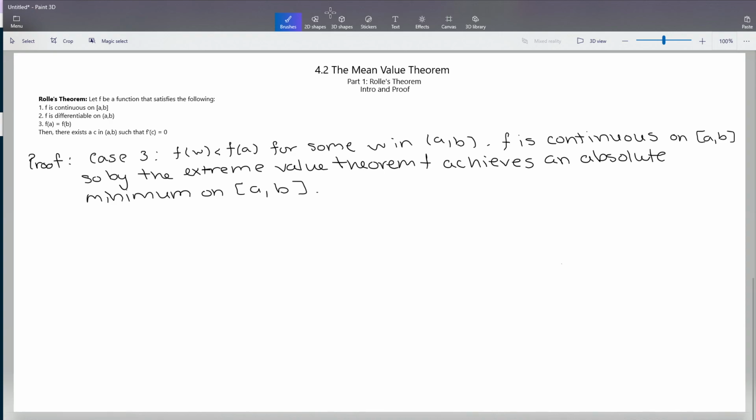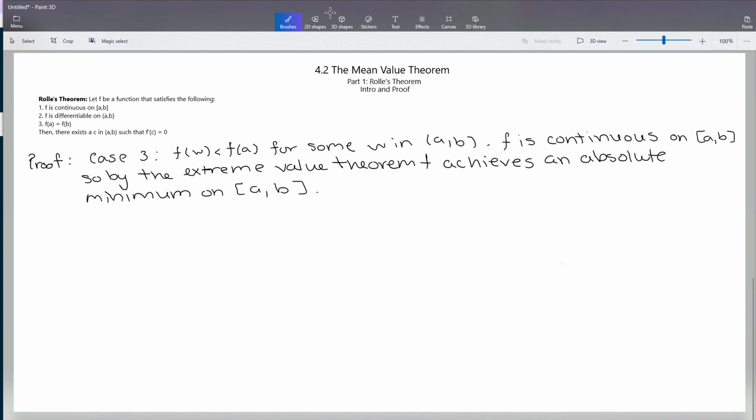Now, just like last time, we need to know that the minimum is not at the endpoints. Well, it can't be, right? f of w is less than the endpoints. So maybe f of w is the minimum, but maybe there's an even lower point.